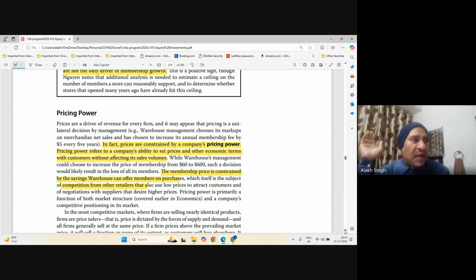So if the gross profit margin is 25 to 30%, you are in perfect competition. If it is 50%, probably oligopoly. And if it is 70, 75% or even 100%, and over a long period of time, not in one quarter but over 3-4 quarters, then it is a monopoly.